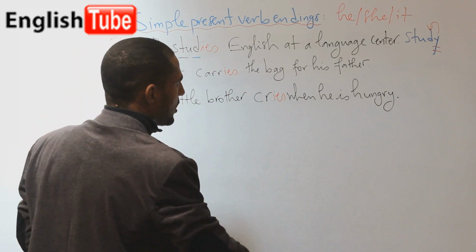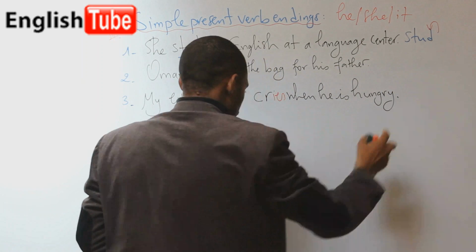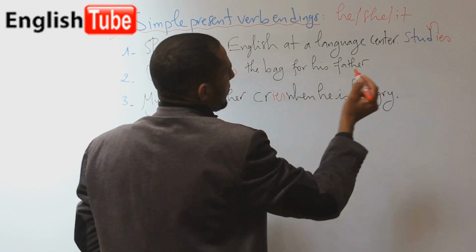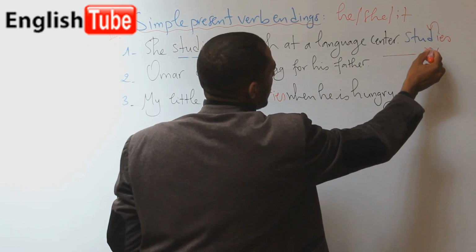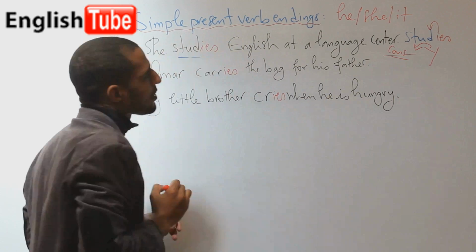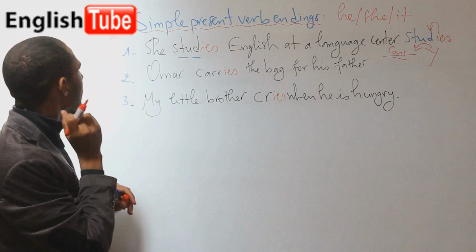As you notice, we have omitted Y, and we have added IES. Whenever you have Y preceded by a consonant, I should in this case add IES.